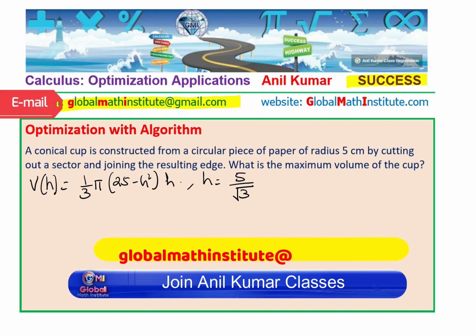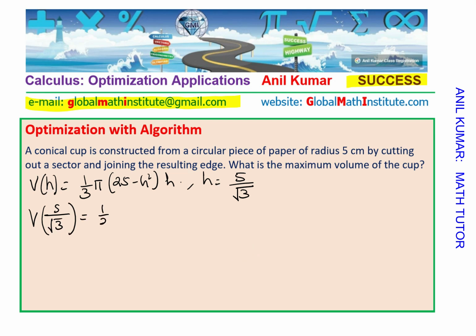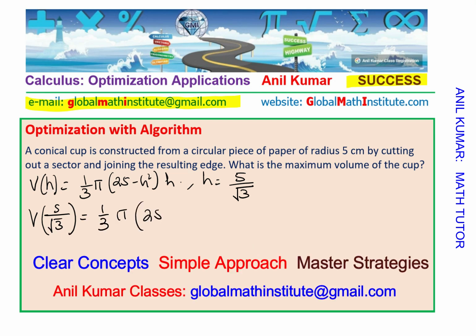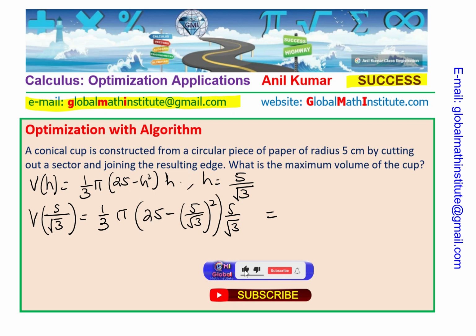Well, let's use the calculator and find the volume for the value of h as 5 by square root 3. Basically, plug it in: 25 minus the square of 5 by square root 3, times 5 by square root 3. So let's calculate this and write down the expression. We can write this as 1 divided by 3 times, I'm writing 3.14 for pi, times 5 divided by square root 3.